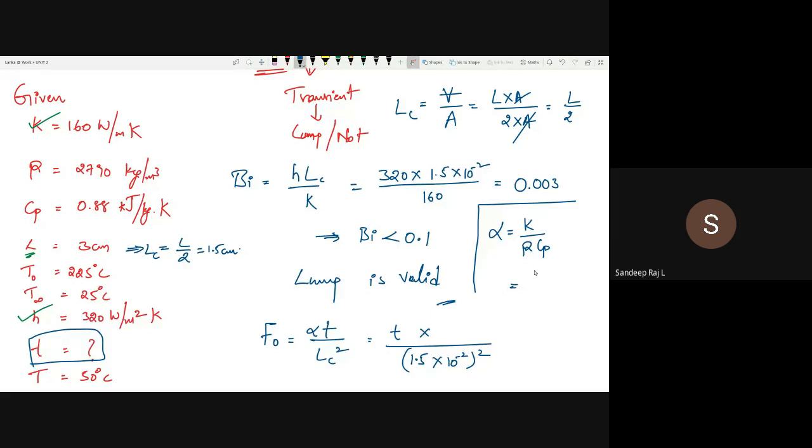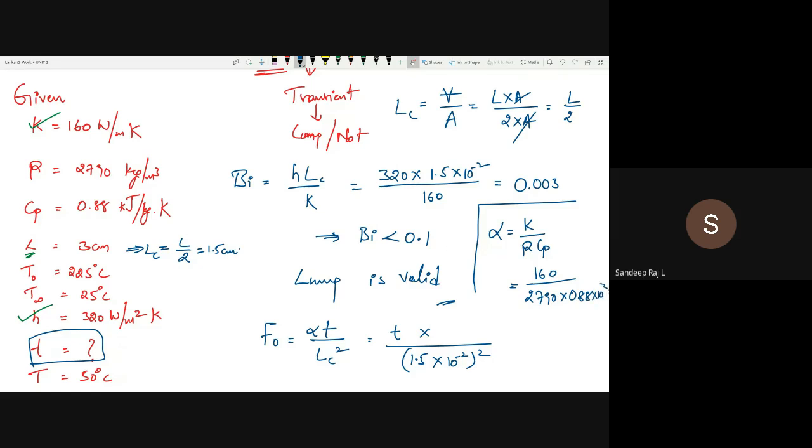The K value you have with you is 160. And the rho value you have with you is 2790, given in the problem. And then you also have a Cp value, it is 0.88. See, this 0.88 is in kilojoule per kg, so you have to substitute in joule.